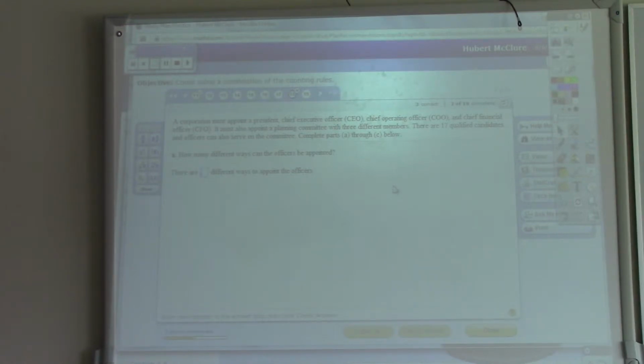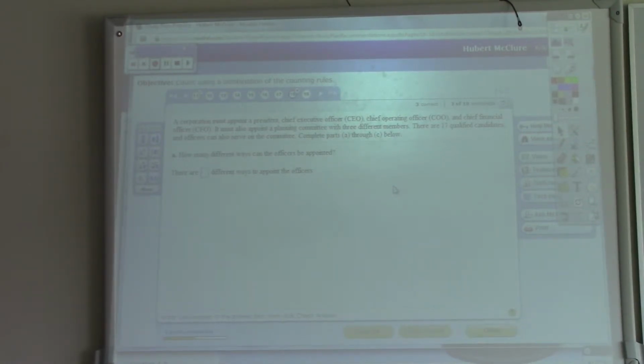I just want you to do the first part. A corporation must appoint a president, chief executive officer, chief operating officer, and chief financial officer. And they have 17 people to pick from. So, it would be a permutation. Why?